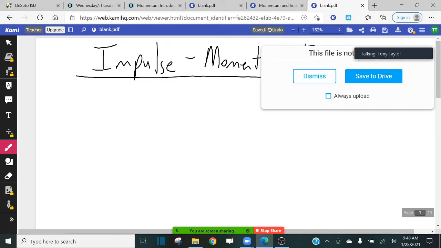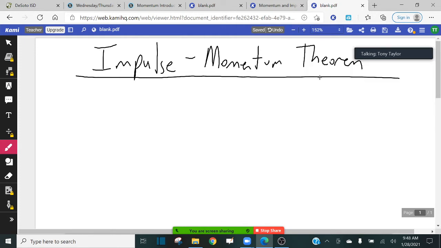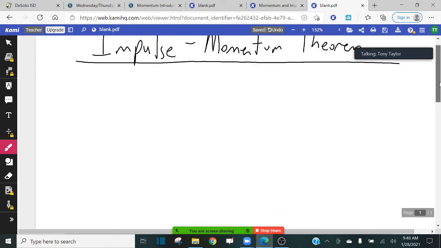And so here's where we see a direct relationship between impulse and momentum. And I'm going to prove to you guys what that relationship is. In fact, I'm going to prove it to you mathematically.